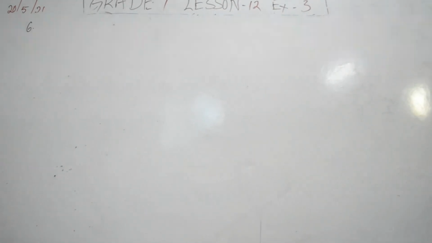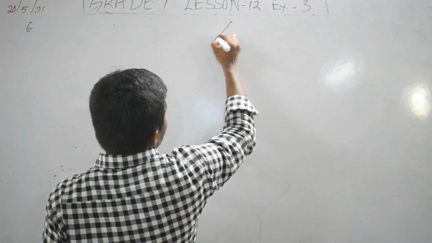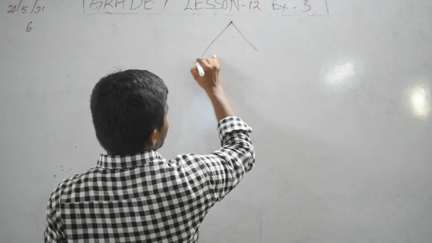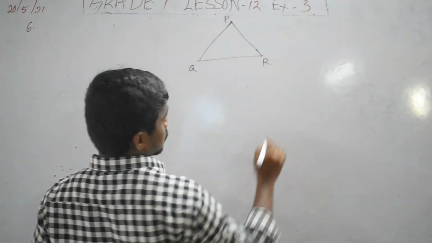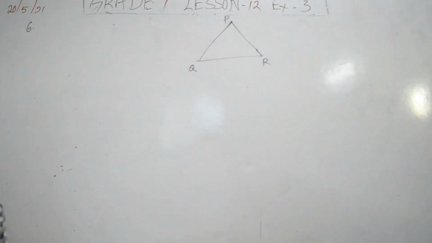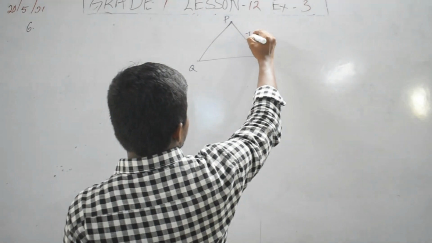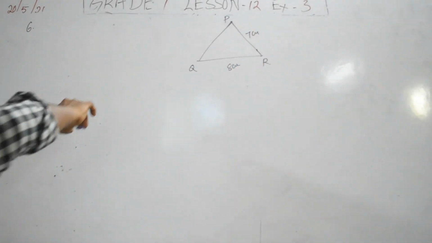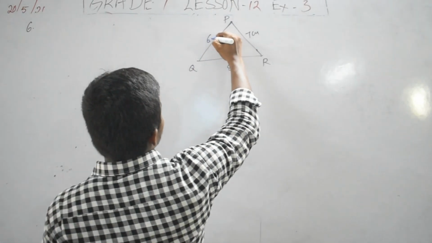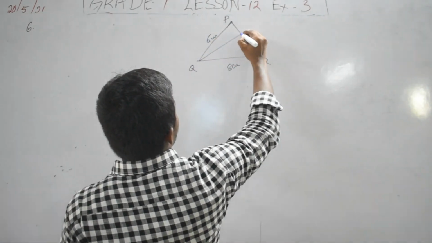Ramu says area of the triangle PQR. Here see triangle PQR. 7 centimeters, 8 centimeters, 6 centimeters, 5 centimeters.